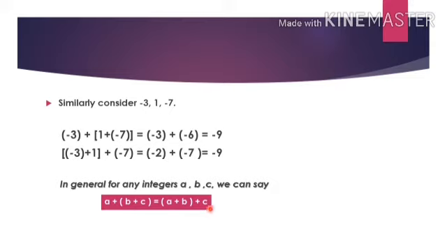It's a very simple topic. If we consider any three integers, positive, negative or a combination, we add in any order. It means if we add second and third, then it's equal to first and second, then the third. If we add in any order, we get the same result. You got it?